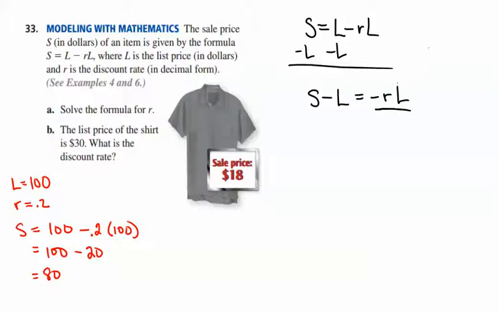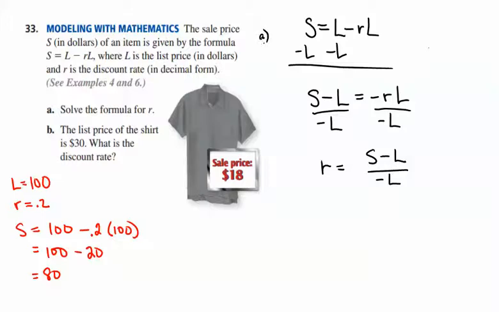From that point, I would like to divide by a negative capital L, and that will help me to isolate the R. So R is equal to the sale price minus the list price divided by the negative of the list price. All right, so that's part A we've solved.